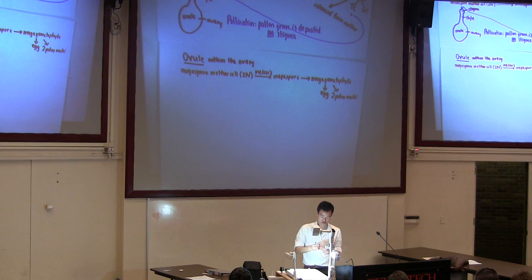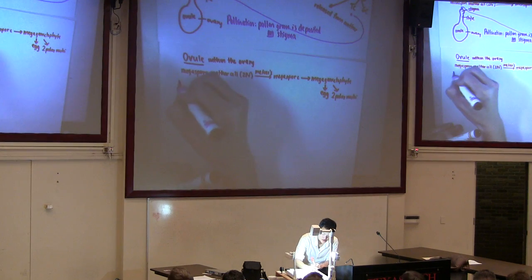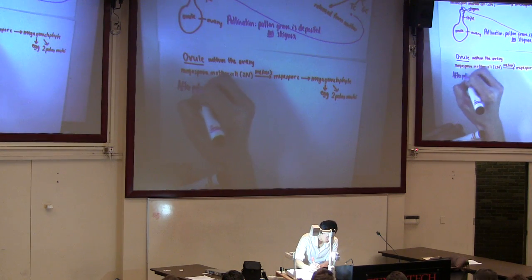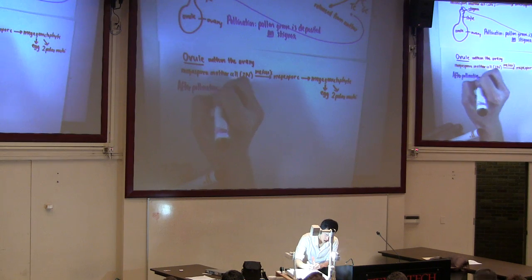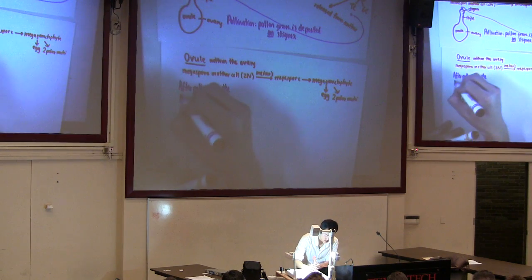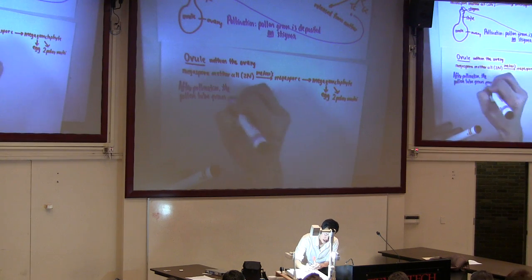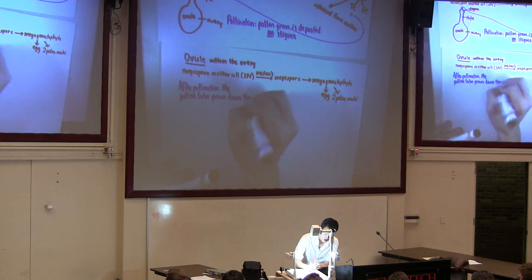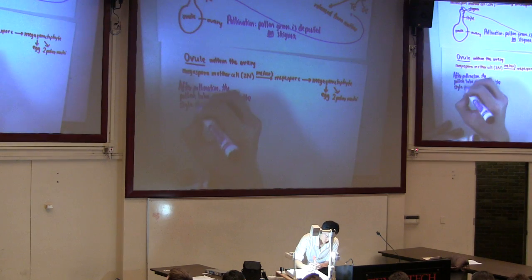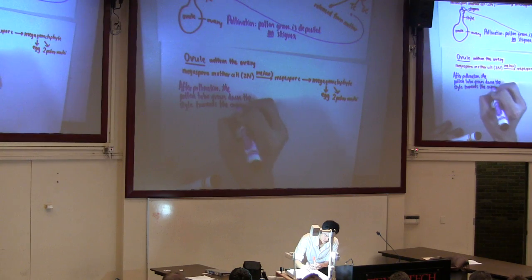Okay. So again, pollination has already occurred. So let's write a sentence. So after pollination, the pollen tube grows down the style towards the ovule. Right?